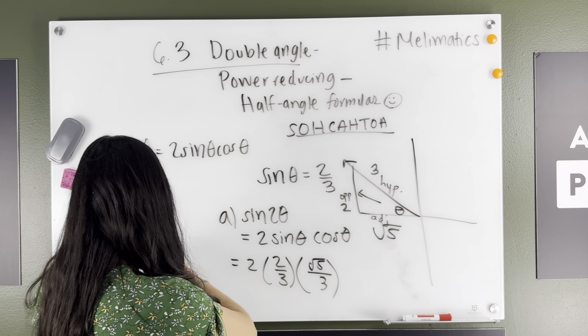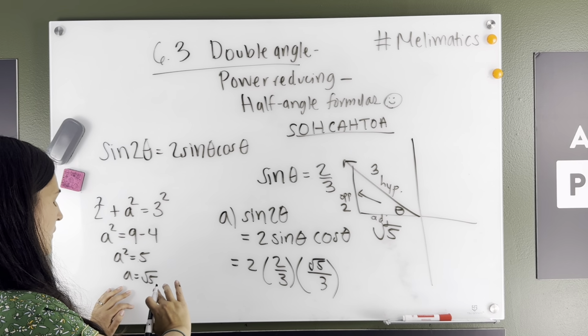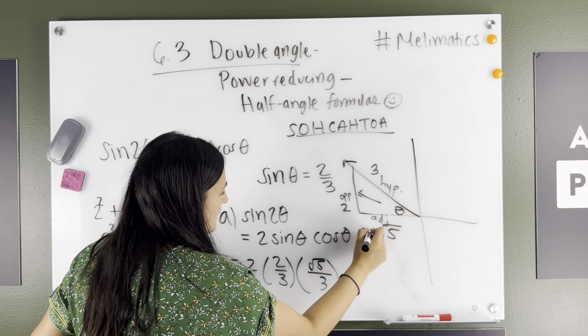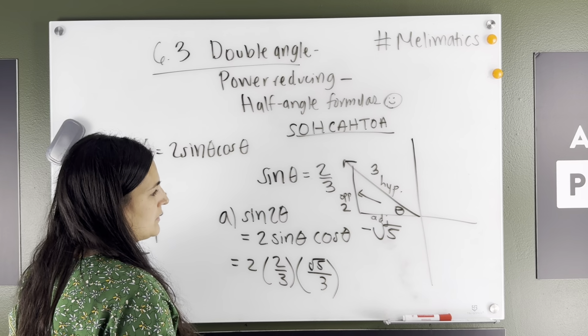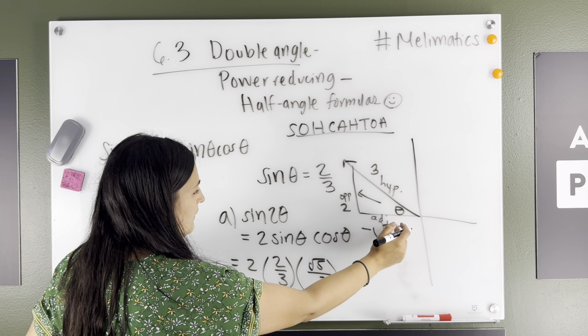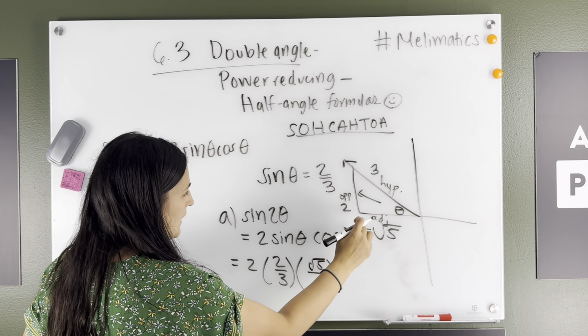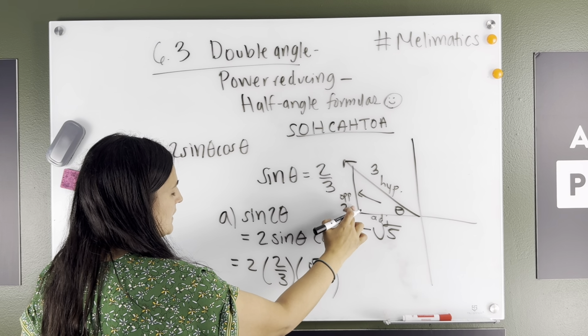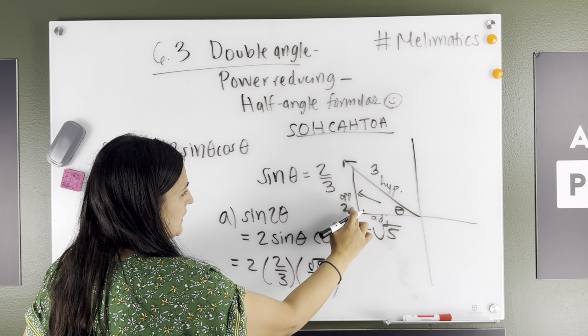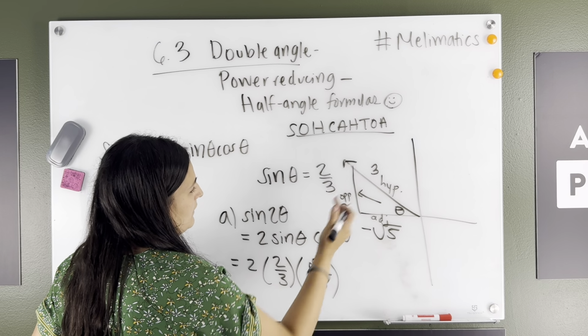So even though we did the Pythagorean theorem and we got that A is the square root of 5, it is actually negative, going back to the fact that you always have to check your signs. So does the negative square root of 5 make sense for cosine in the second quadrant? Yes. And does positive 2 make sense for the y value in the second quadrant? Yes, of course, all these y values are positive.